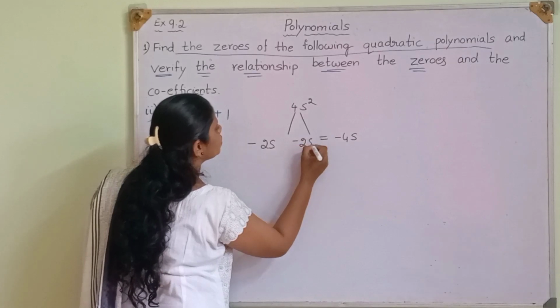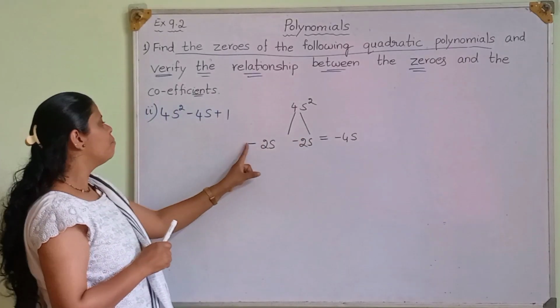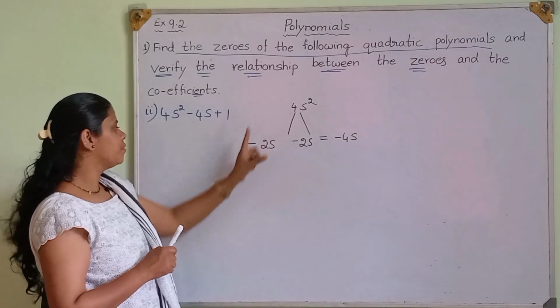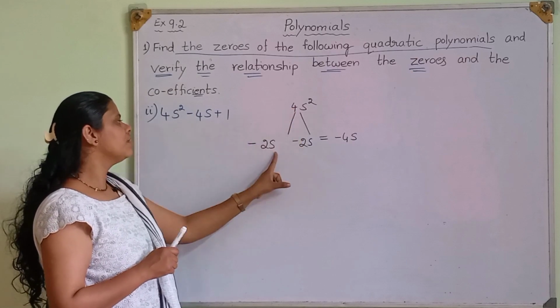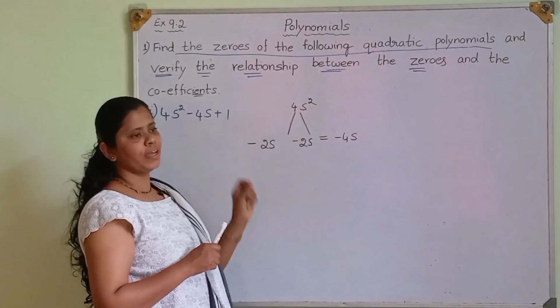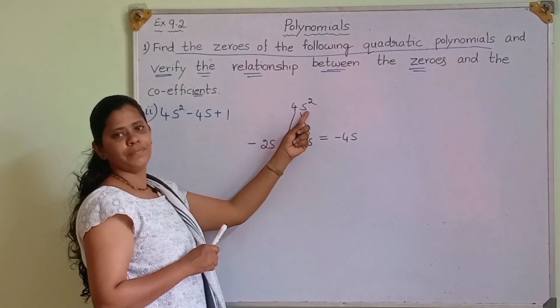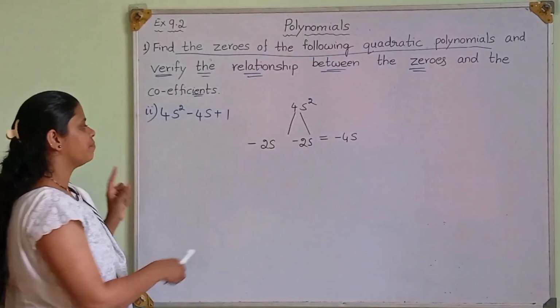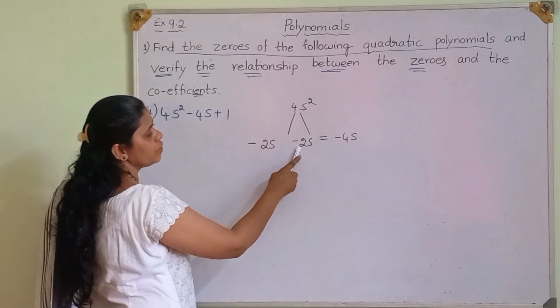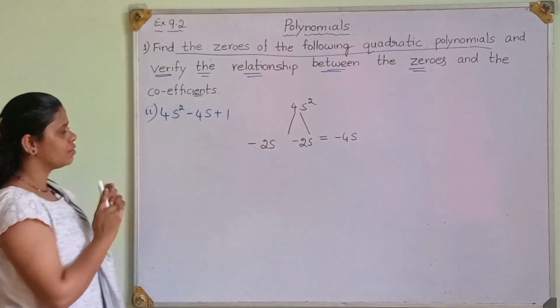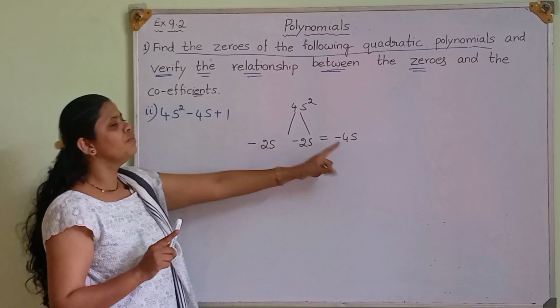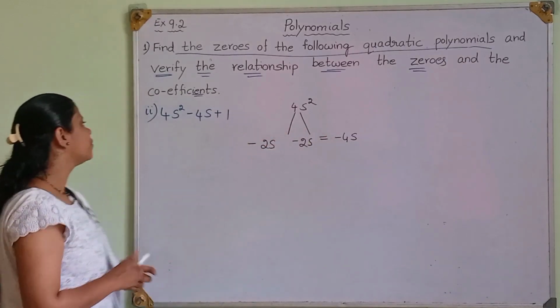2s, 2s. Now look at this. Minus into minus is plus. 2 2s are 4. s into s is s square. When we multiply these two, we got this as answer. Right? In the same way, minus 2s minus 2s is how much? Minus 4s. When we add these two, we get this as answer.